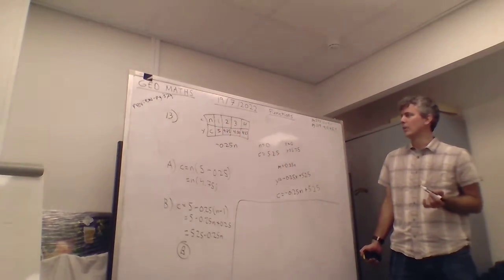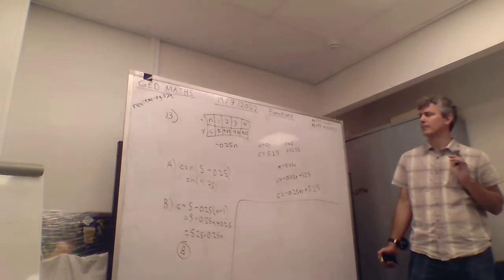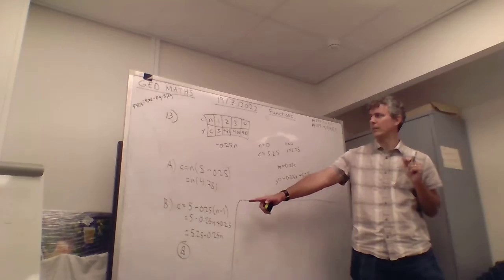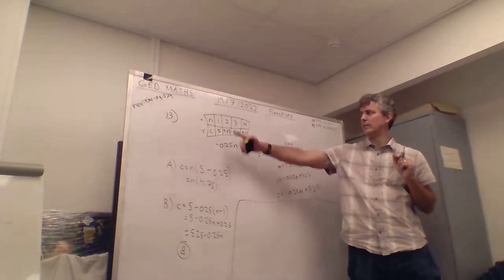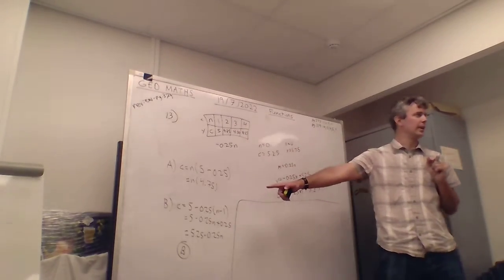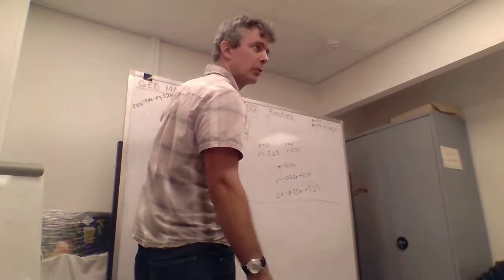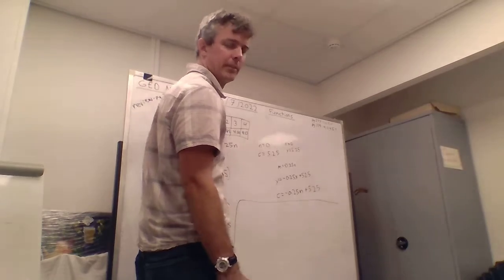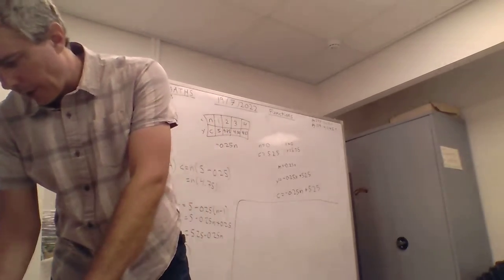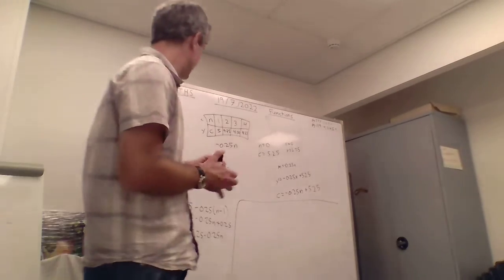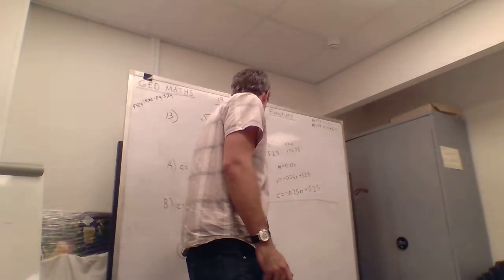So that means we want something here that when n equals 1, we will get 5, right? We want something when n equals 1, c will equal 5. So we can look at these equations here, right? And we'll do it like this.